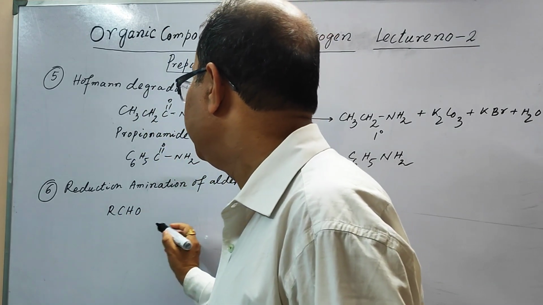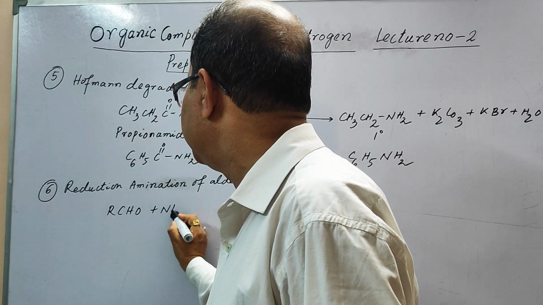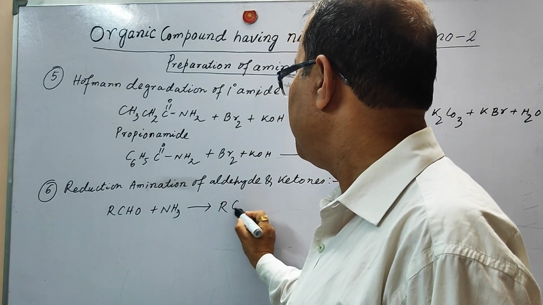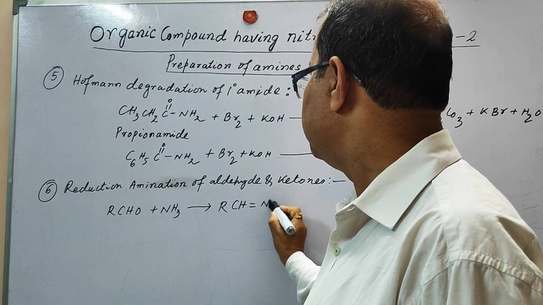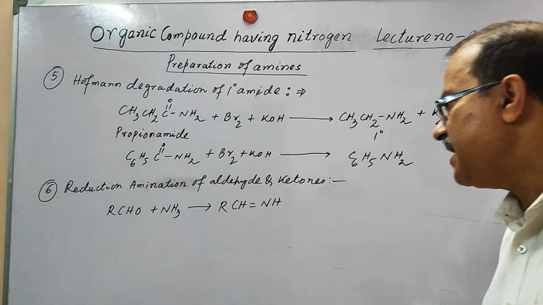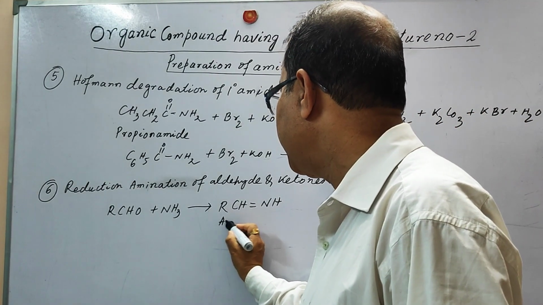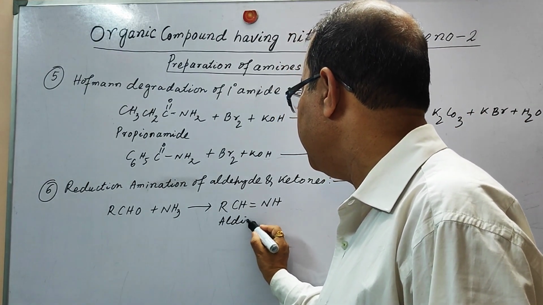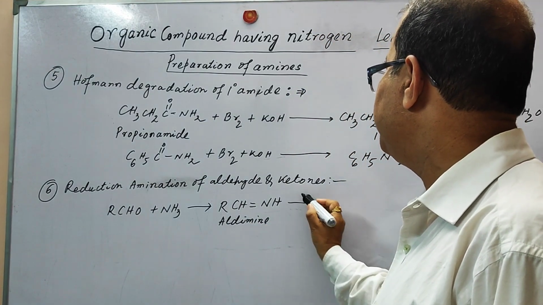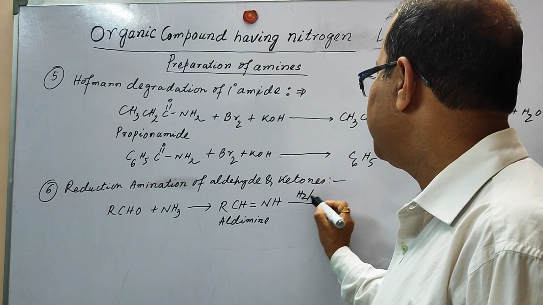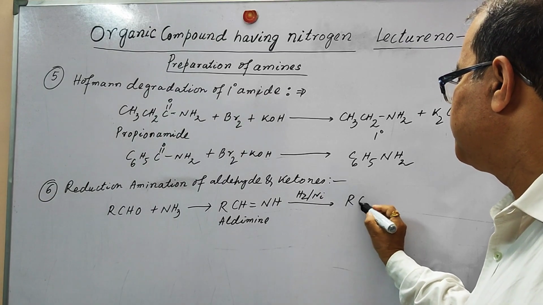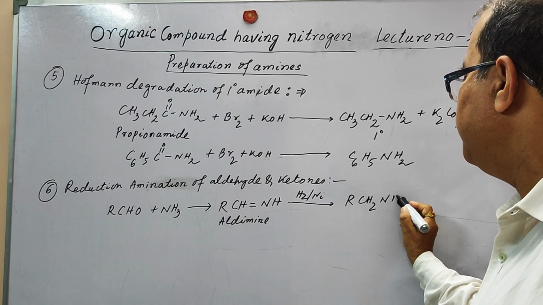This is aldehyde, and when it reacts with the ammonia, it is going to produce this. This product is aldimine, and this aldimine, when reduced in presence of hydrogen with nickel, is going to produce this primary amine.